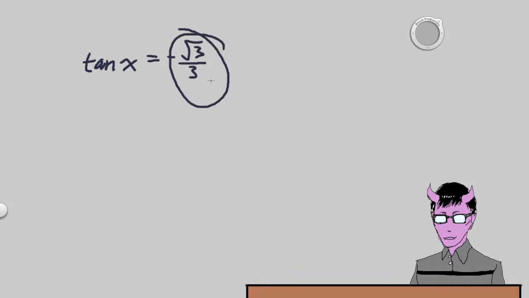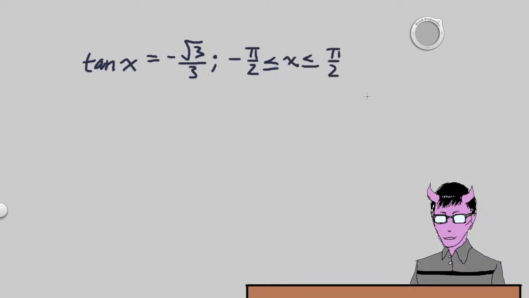Again, I don't like this particular form. And then our domain restriction is kind of an awkward negative pi over 2 less than x, and that's up to pi over 2. So in other words, answers are relegated to the side like so.